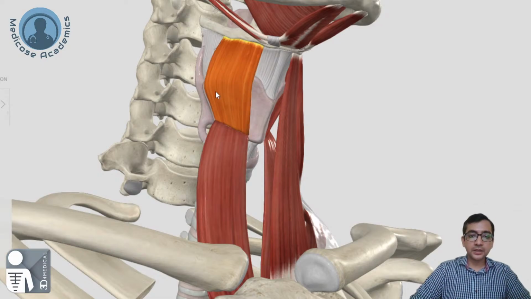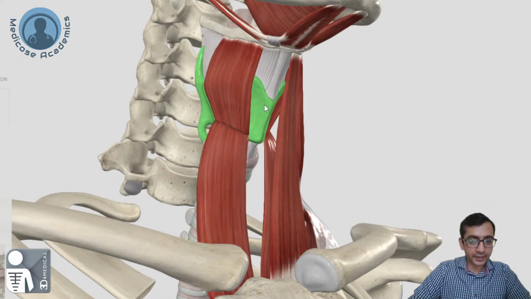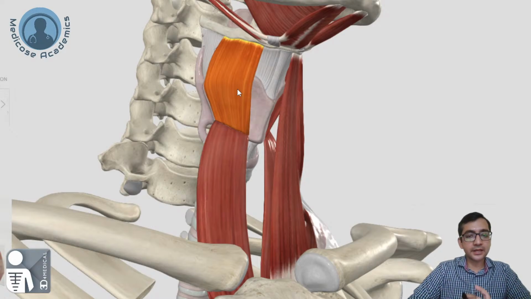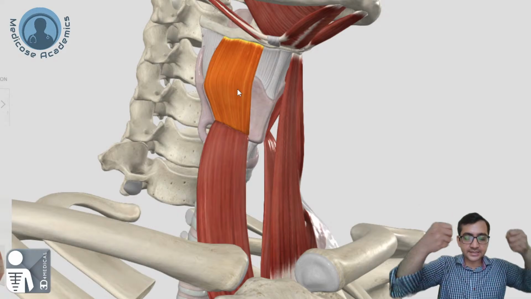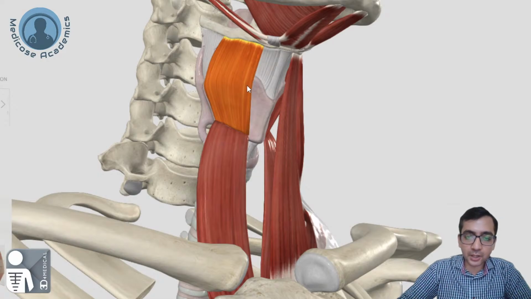One is between the hyoid bone and this cartilage of the larynx, called the thyroid cartilage. The one that runs between the hyoid bone and the thyroid cartilage is called thyrohyoid. So it is always an elevator of larynx because it raises the thyroid cartilage up towards the hyoid bone.